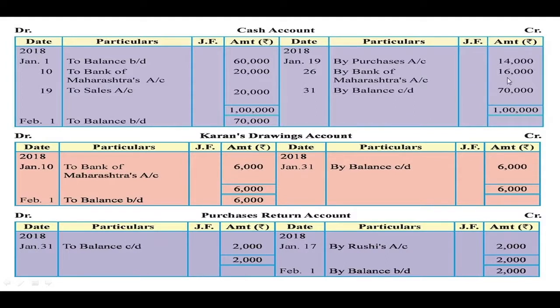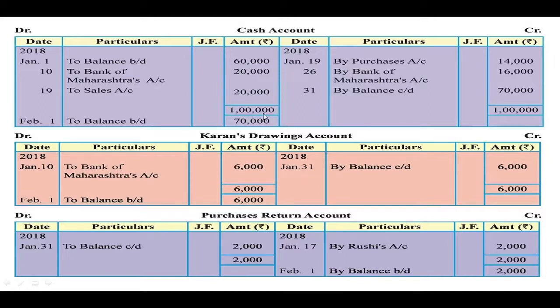So here you can see by Bank of Maharashtra account is recorded. After recording all these entries, you have to check the debit and credit side totals, and whichever total is higher, that should be written on both sides. So here 1 lakh is written on the debit side because the debit side total is higher.